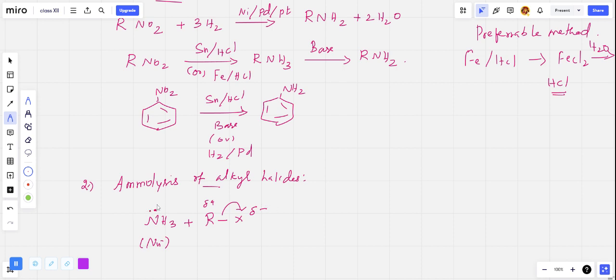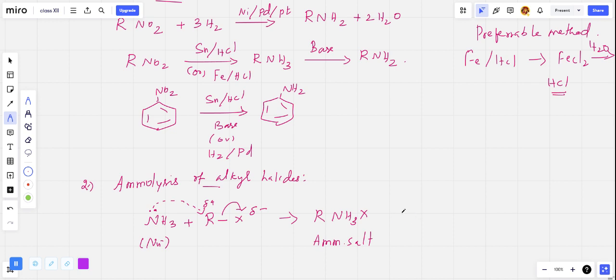Now the nitrogen will transfer its electrons to this R and it becomes RNH3X. This is actually an ammonium salt: ammonia with an alkyl halide gives a substituted ammonium salt.